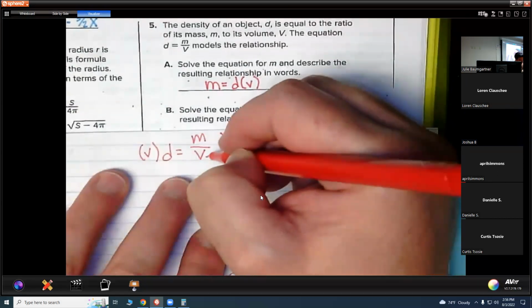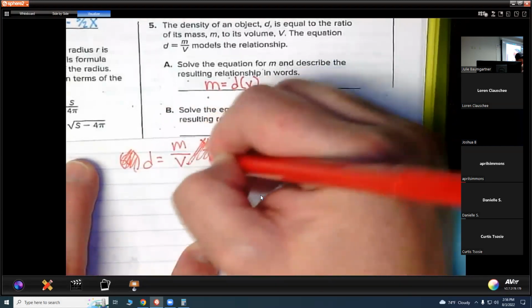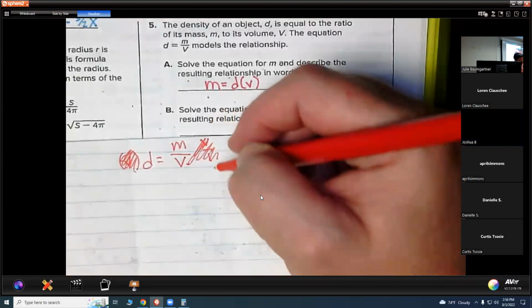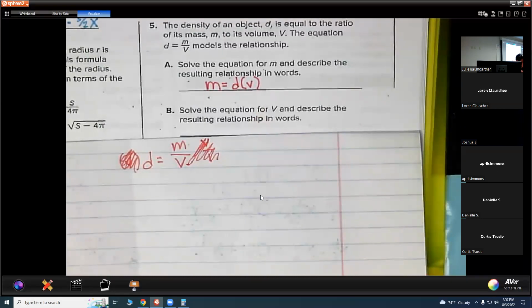Solve the equation for V. Again here, now, this one. What should we do here? I'll multiply it by M. Well, the M is on top.